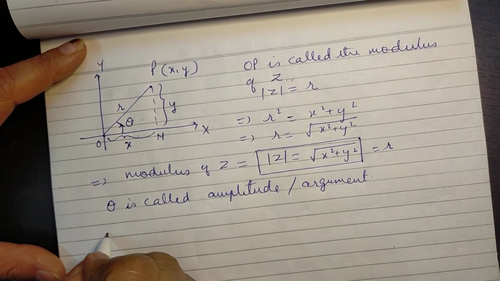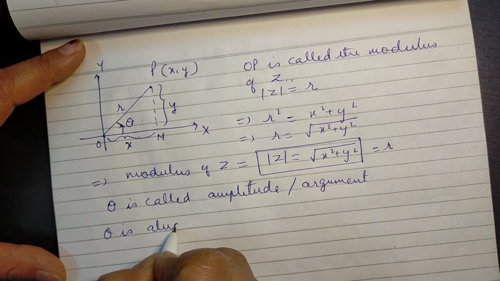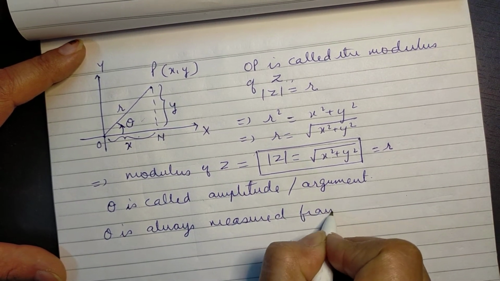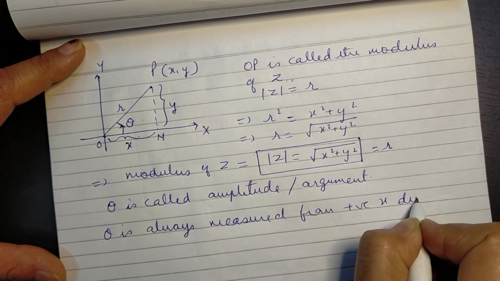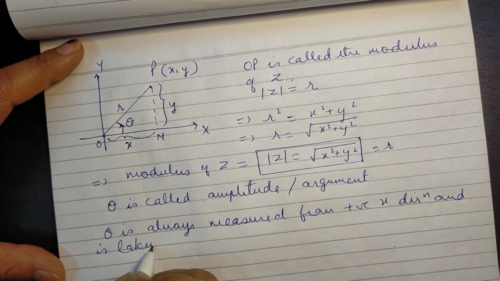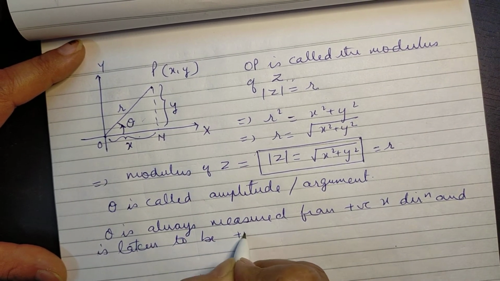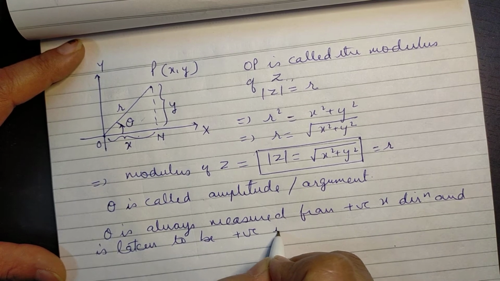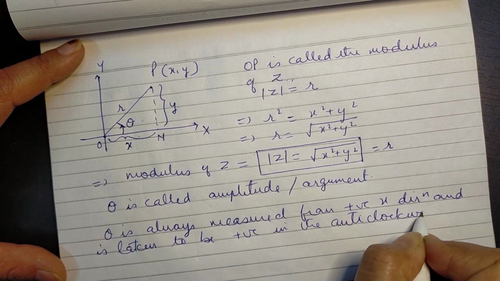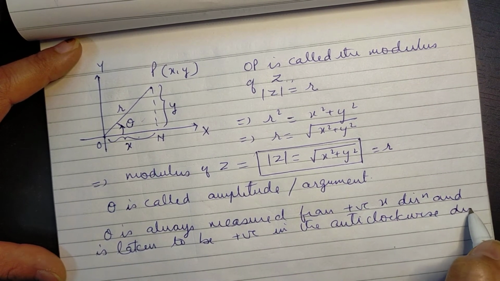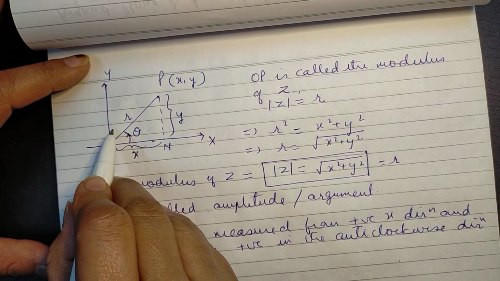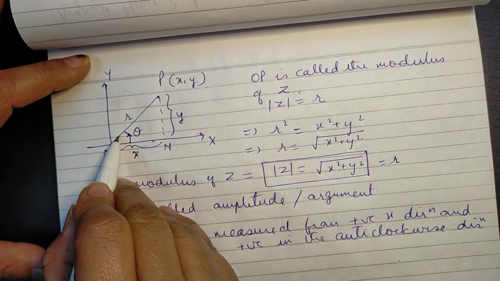Here theta is always measured from the positive x direction and is taken to be positive in the anti-clockwise direction. What is the meaning of this? When you are measuring theta from the positive direction in the anti-clockwise direction, it is taken as positive.